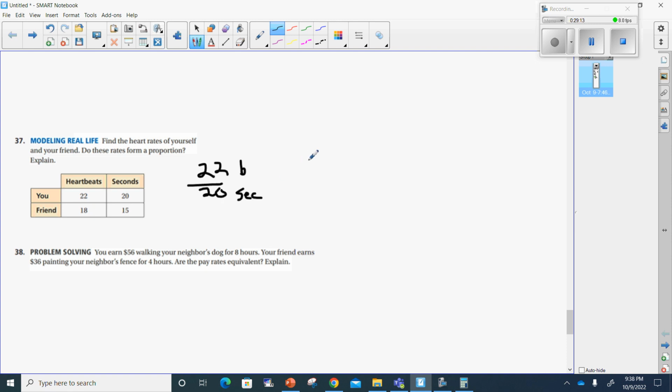Your friend has 18 heartbeats in 15 seconds. Do these form a proportion? Well, we can use cross multiplication to find out. We'll take this number to this number. It has to equal this number to this number. So does 22 times 15 equal 18 times 20?